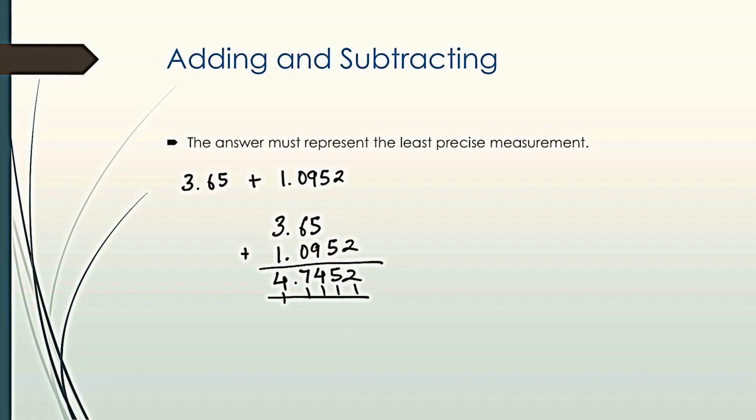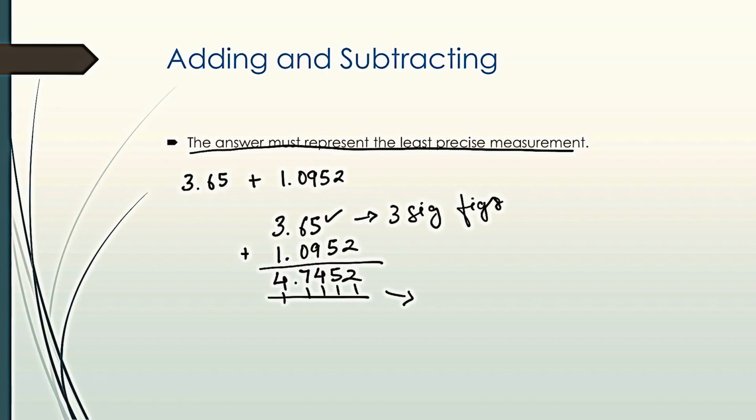But the rule on the top tells us that the answer must represent the least precise measurement, which in this particular case happened to be this one. And because your least precise measurement has 3 significant figures, my answer must also have only 3 significant figures.